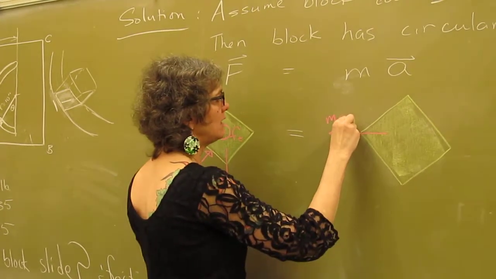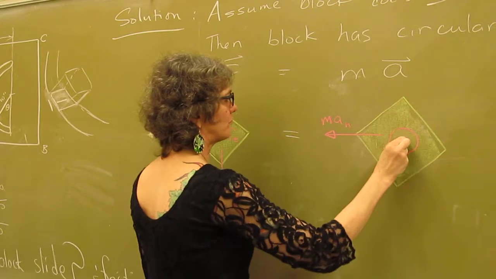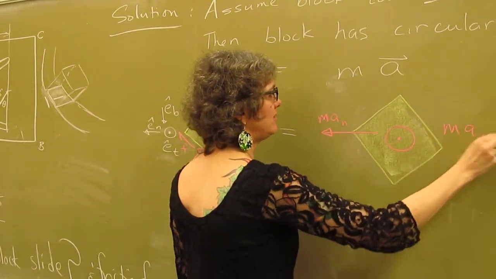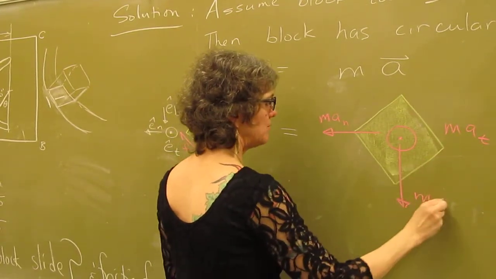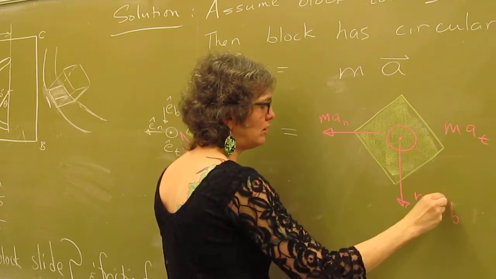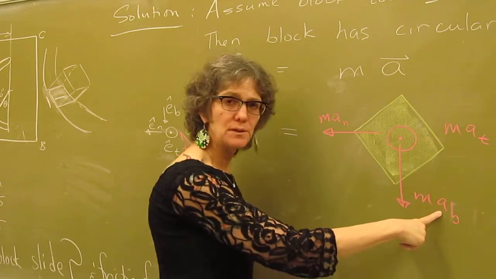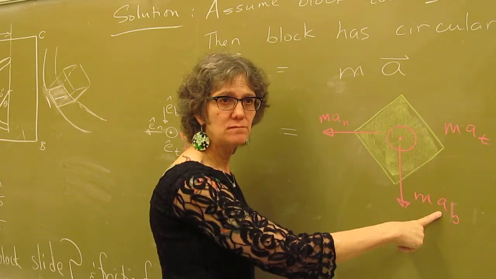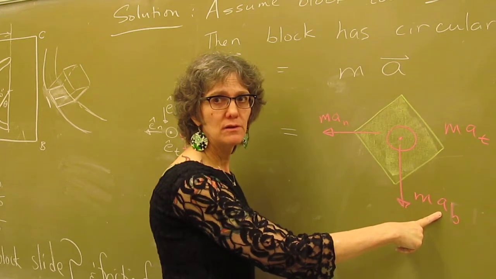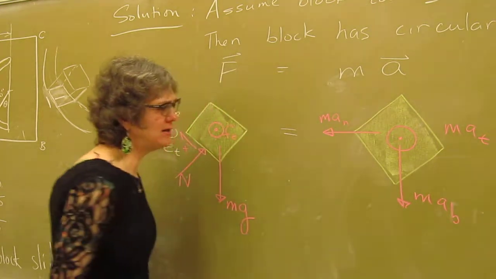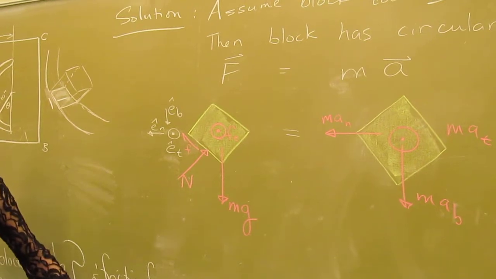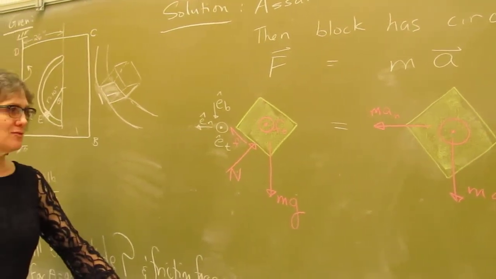So M A N, M A T, and then M A B, and we know that this is always zero, right? The acceleration in the binormal direction is always zero. So why did I show it?